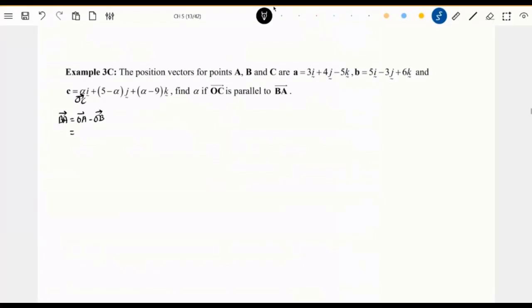So OA adalah 3, 4, negative 5. And then OB adalah 5, negative 3, 6. So simplify, what should we do? Kita akan dapat berapa ni? BA.